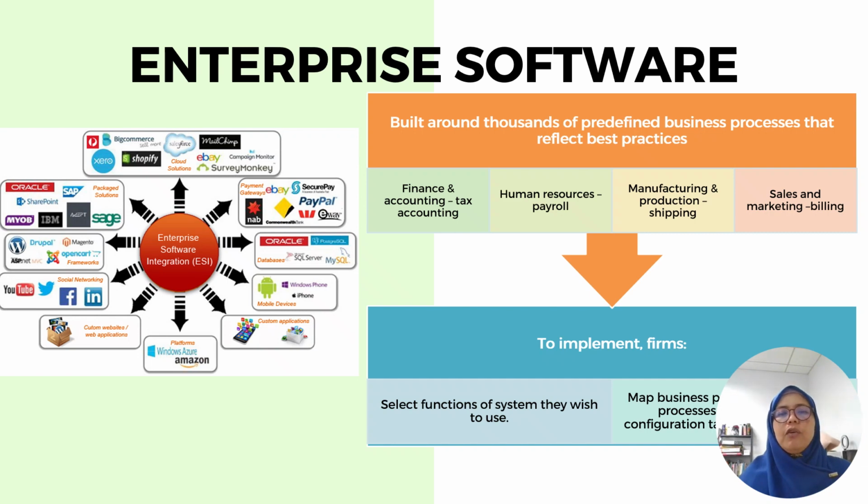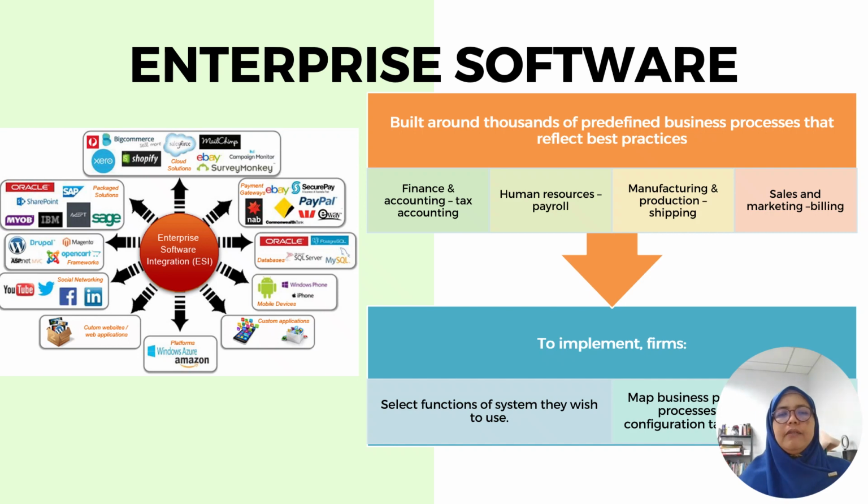And the last one, for sales and marketing, it will include order processing, contracts, pricing, billing, incentives, sales planning, and every item covered under sales and marketing.